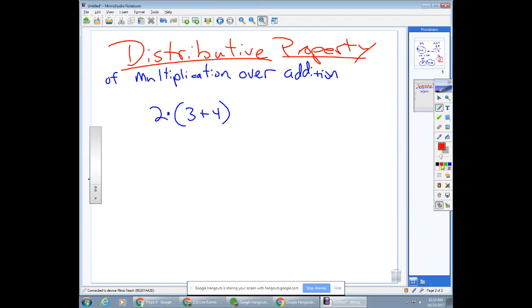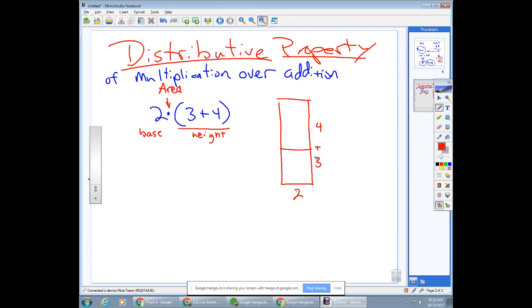To illustrate why this works the way it does, one interpretation of what multiplication means is an area, where one of these numbers is the base and the other is the height. Or you could call them length and width, means the same thing. So for example, if I were to draw a rectangle that has a base of 2 and a height of 3 and 4.